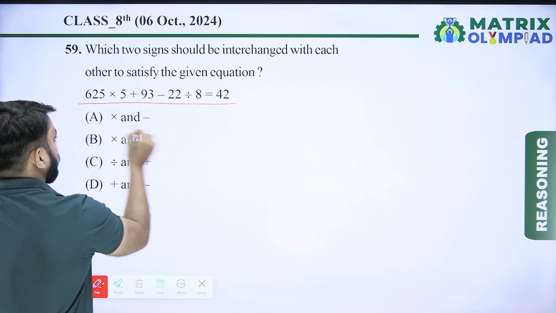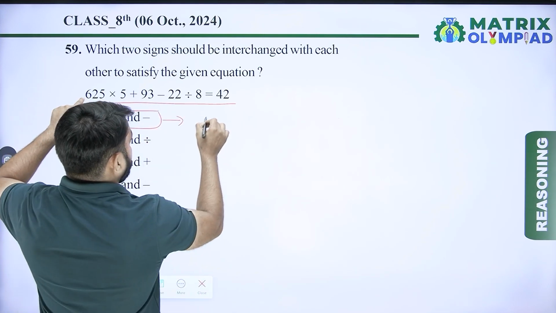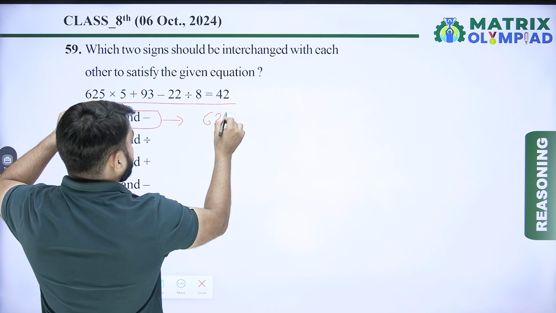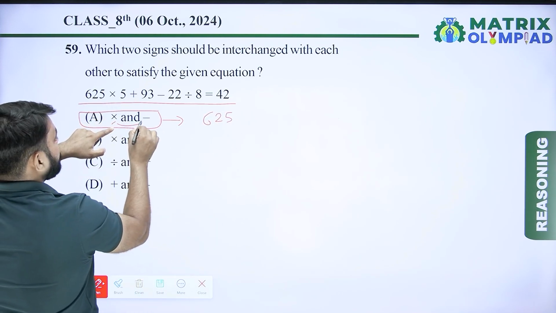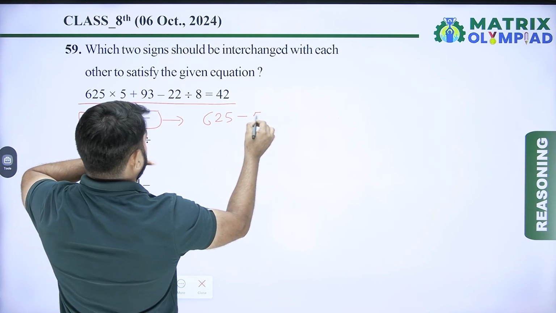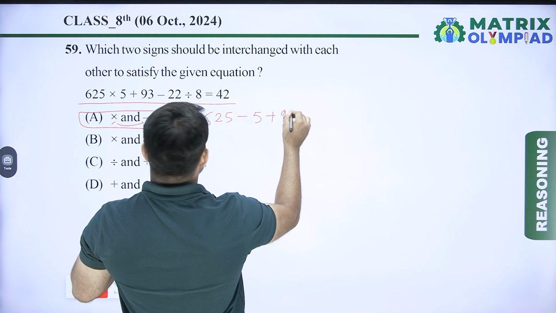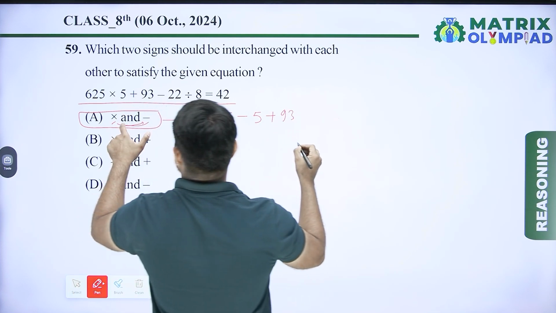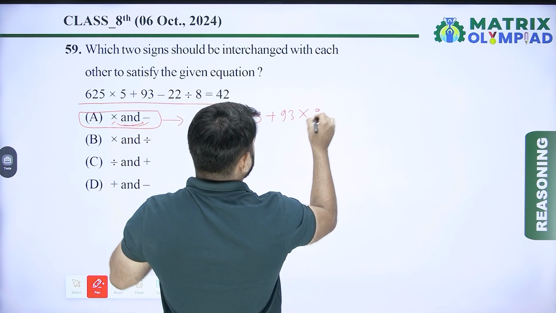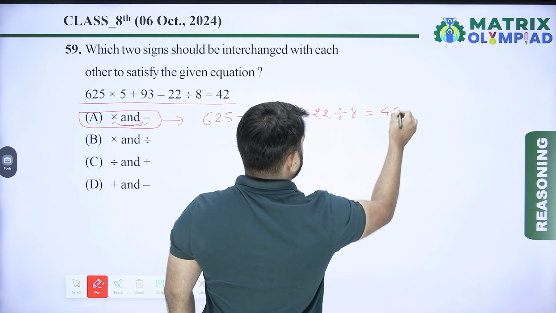So first taking option A. According to option A, the equation is 625, multiply becomes minus, so minus 5, plus stays plus 93, minus becomes multiply, so multiply by 22 divided by 8 is equal to 42.